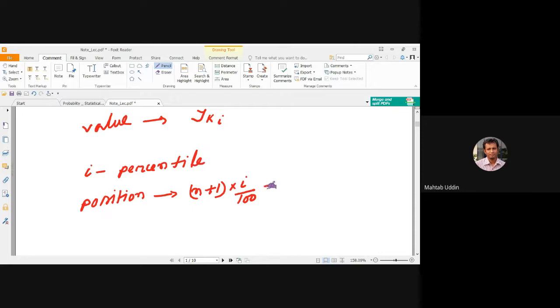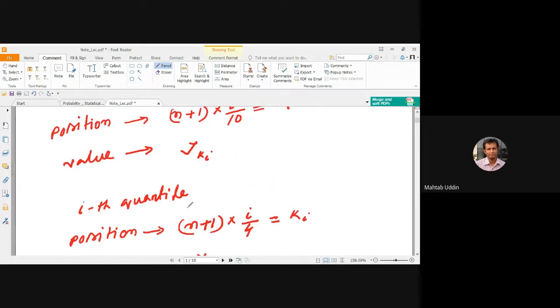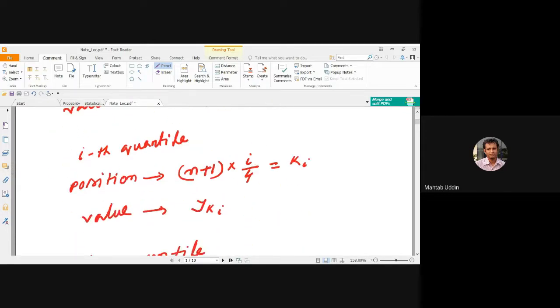If you find a position k_i, then its value will be y_{k_i}. So they are the decimal, quartile, percentile.